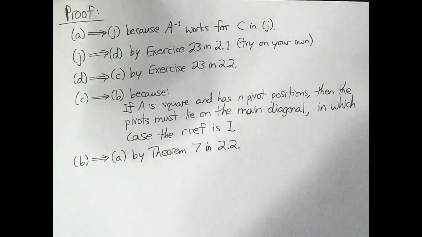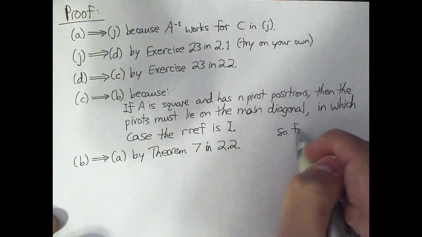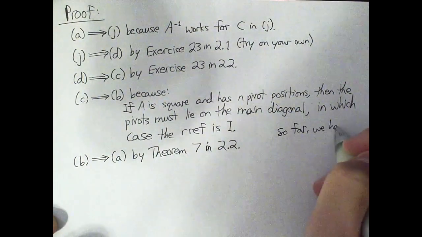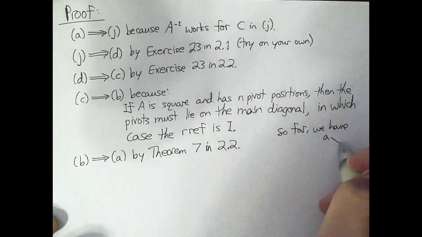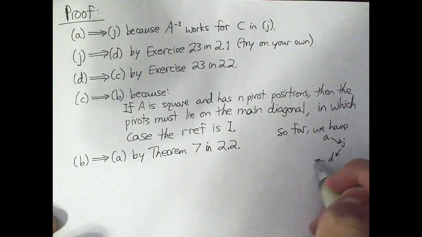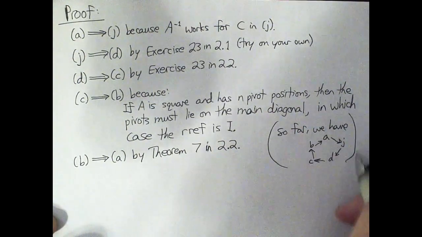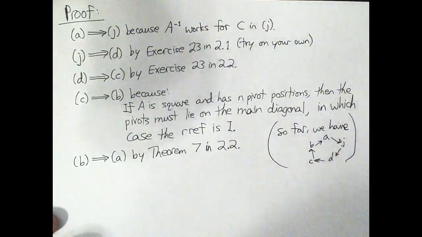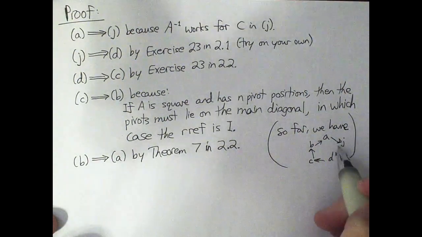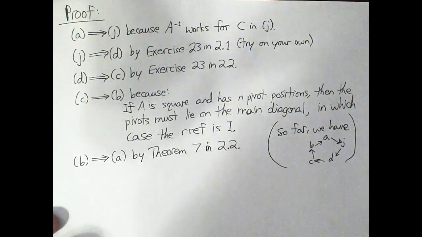A connects J to D to C to B to A. So that's good. So far we have this loop A, J, D, C, B, A. Now let's start worrying about some of the other parts, right? And what order do we want to do this in? It's up to us.